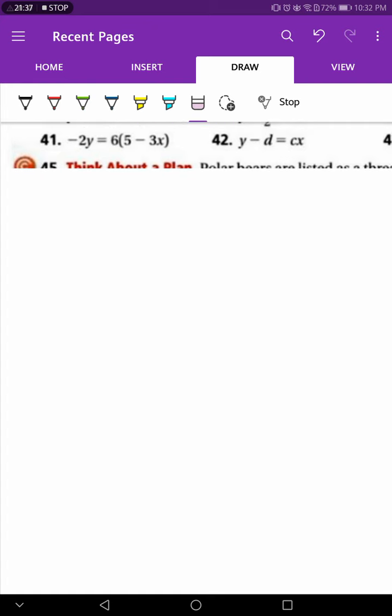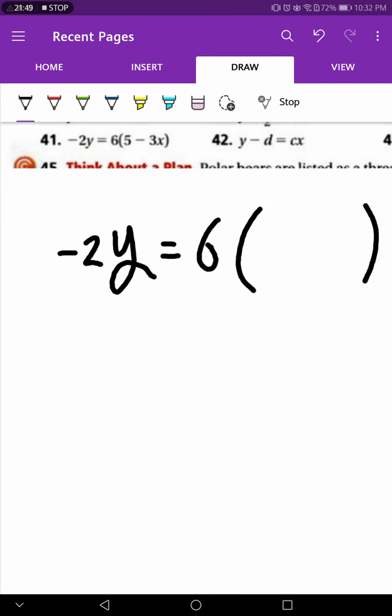Let us take 41, negative 2y equal 6, multiplied by the difference of 5 and 3x.